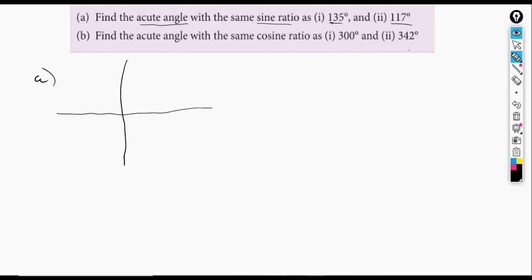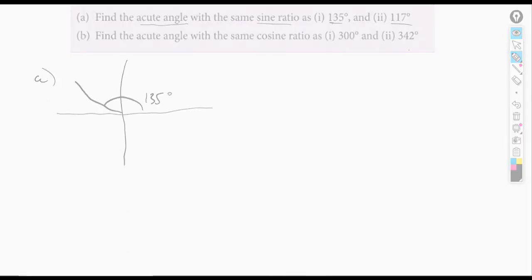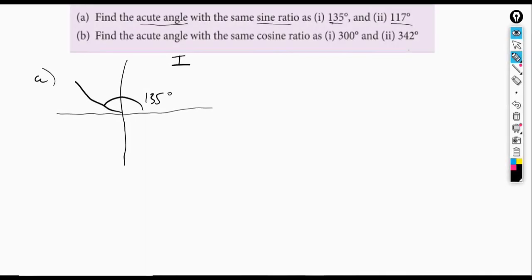So let's start with 135 degrees. So let's suppose that this is 135 degrees here. So when they talk about finding the acute angle, it means here in the first quadrant. Then our reference is going to be this guy over here, right?